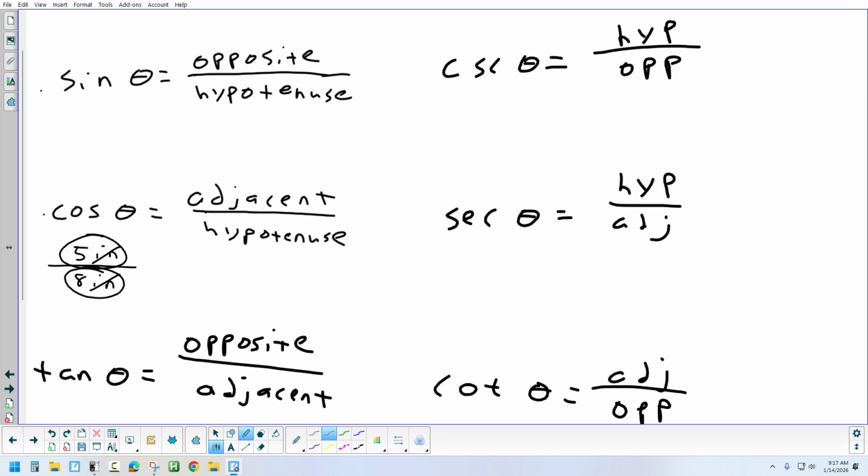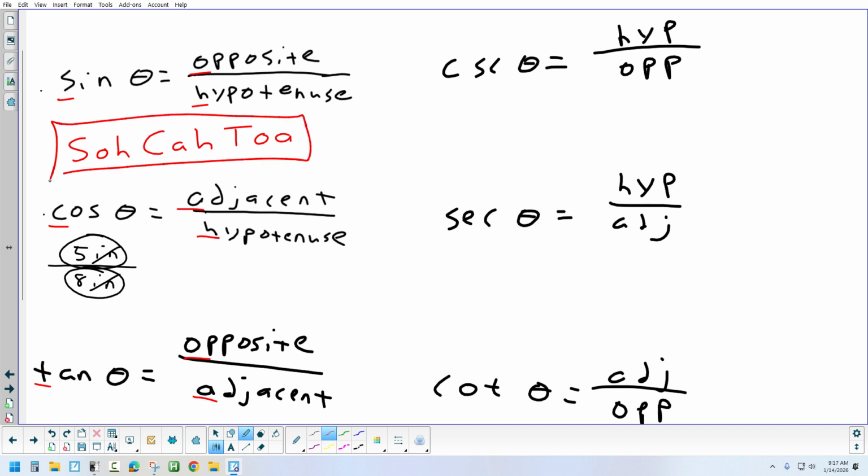So it's SOH, so sine equals opposite over hypotenuse, and then cosine is adjacent over hypotenuse, so it's CAH. And then TOA: tangent is opposite over adjacent. Yep. So sometimes that's, I guess, an acronym, you call it. It's what people use to try to remember.